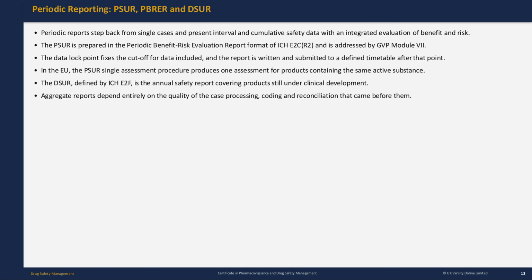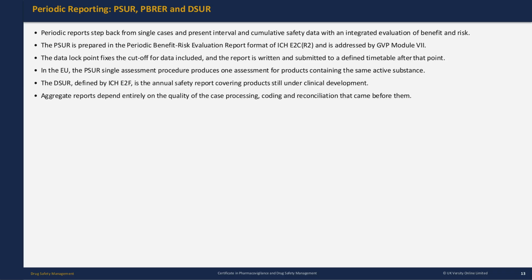Periodic reporting, PSUR, PBRER, and DSUR. Periodic reports step back from single cases and present interval and cumulative safety data with an integrated evaluation of benefit and risk. The PSUR is prepared in the Periodic Benefit Risk Evaluation Report format of ICH E2C(R2) and is addressed by GVP Module 7.